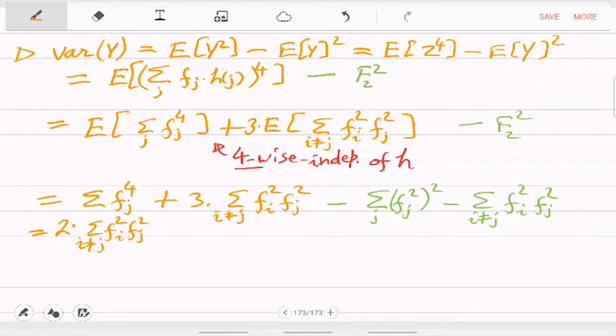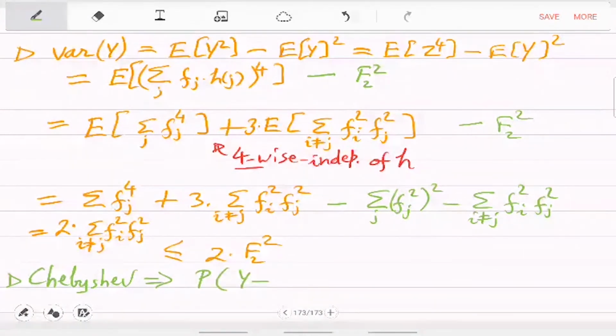And this you can upper bound by 2 f2 square. Okay, you can see fi square times fj square is kind of coming from f2 times f2. So, we have this clear upper bound, and with that, when you use Chebyshev concentration inequality, it gives you the probability that the output y is away from the value that we want, f2.